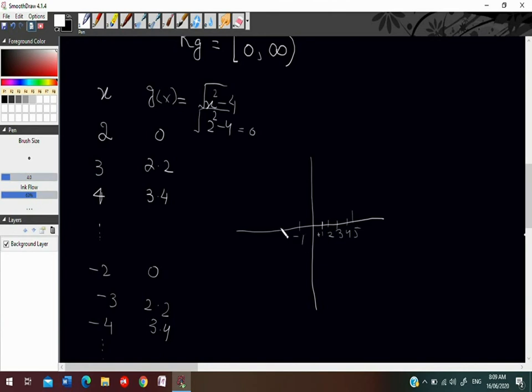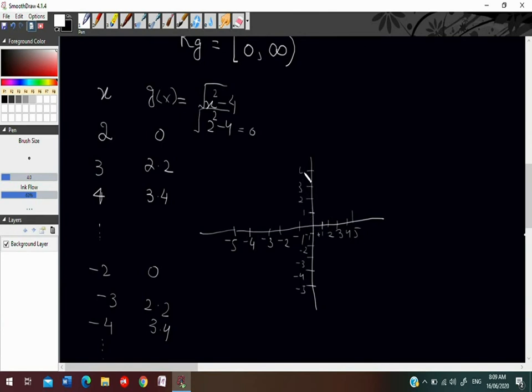When you are plotting this graph, you must use graph paper.